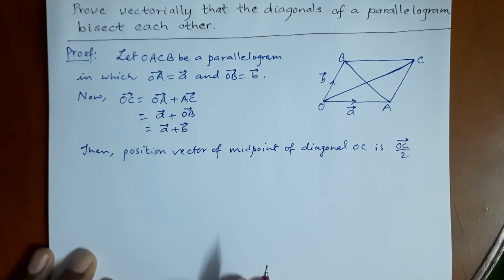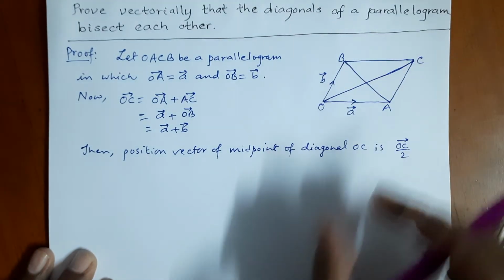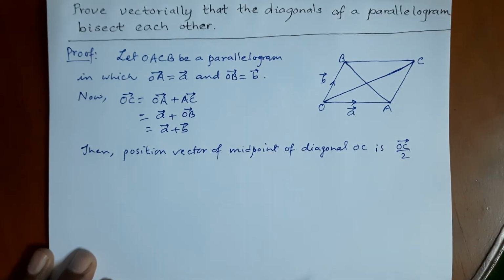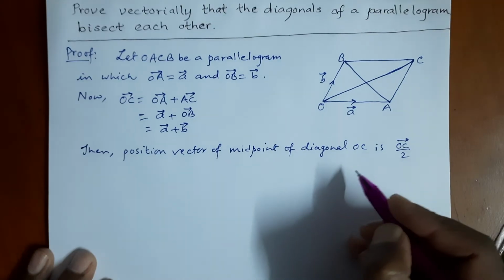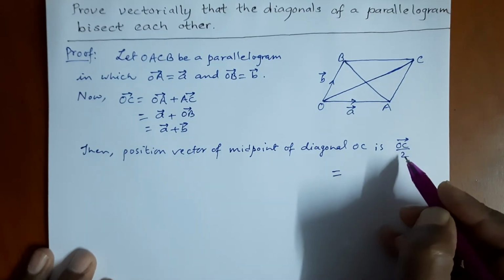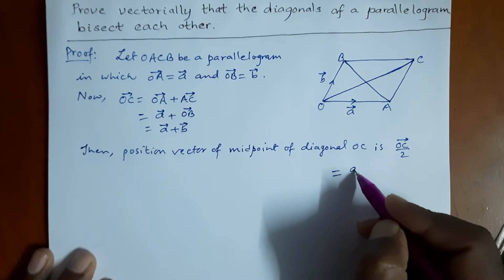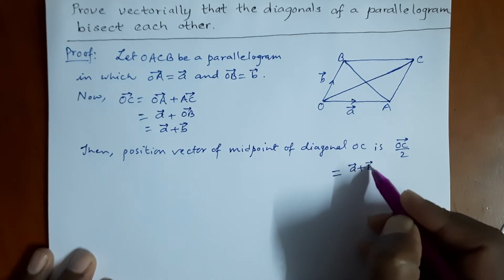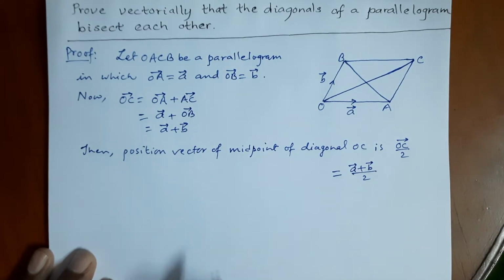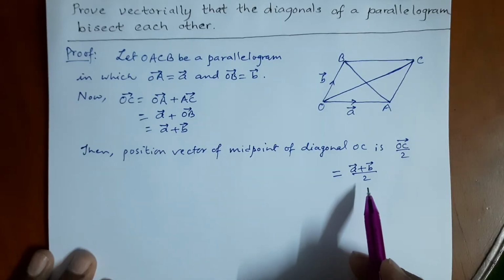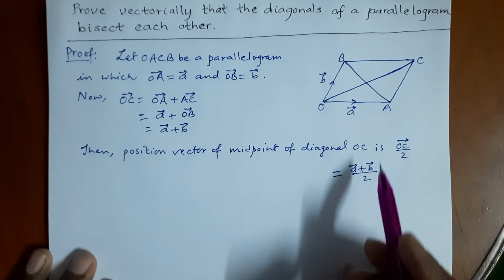So this divided by 2 gives the position vector of the midpoint of the diagonal OC. So this equals, vector OC being vector A plus vector B, A plus B over 2. This is the position vector of the midpoint of diagonal OC.